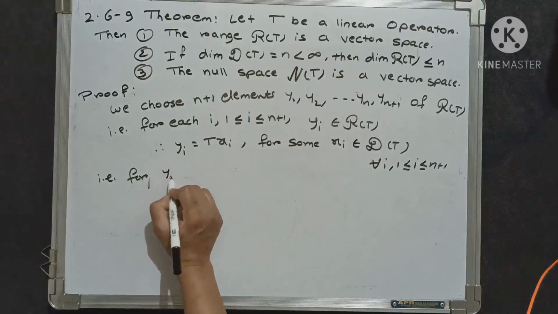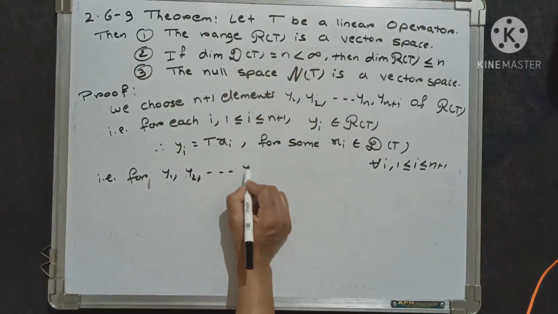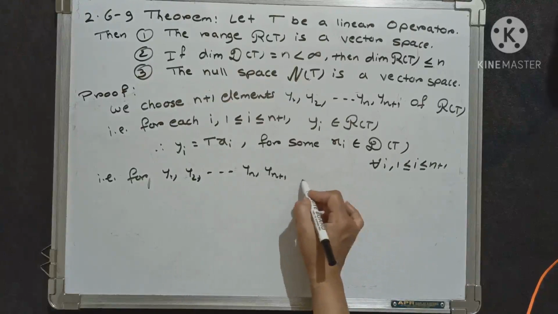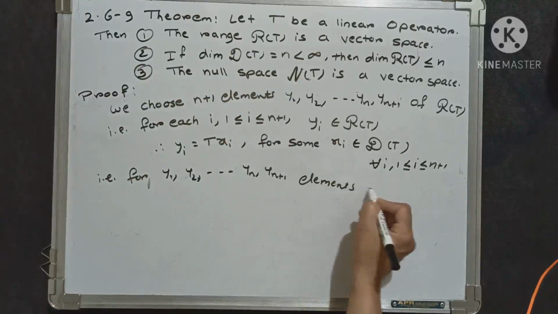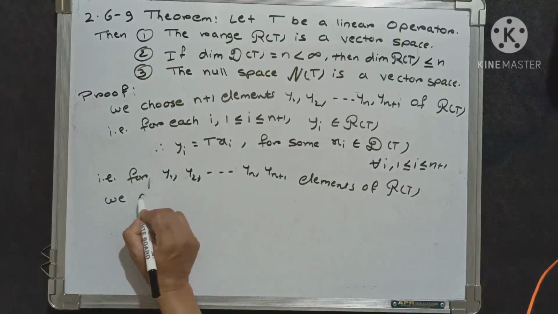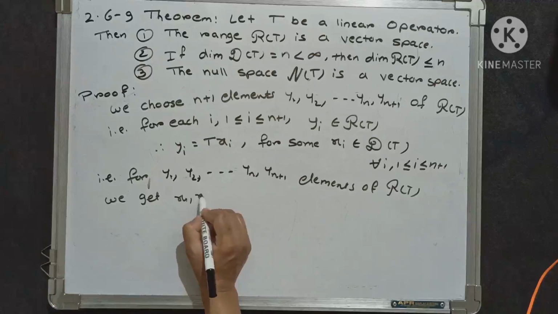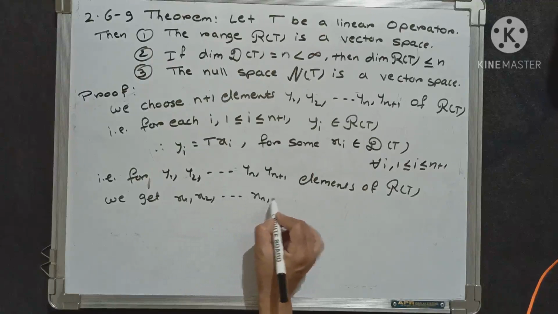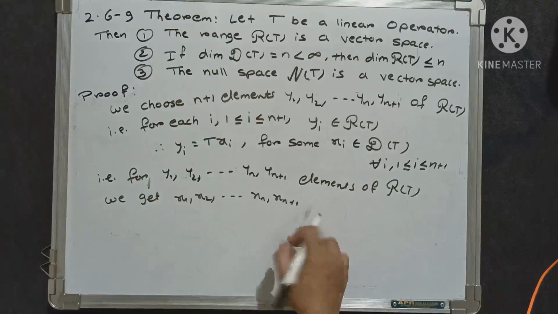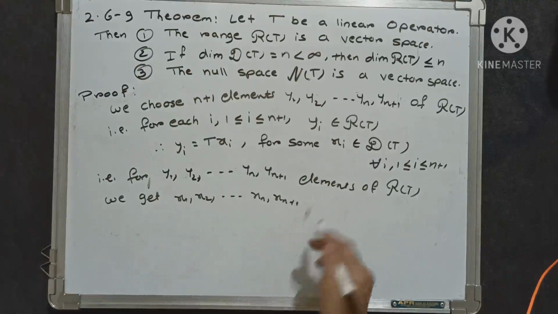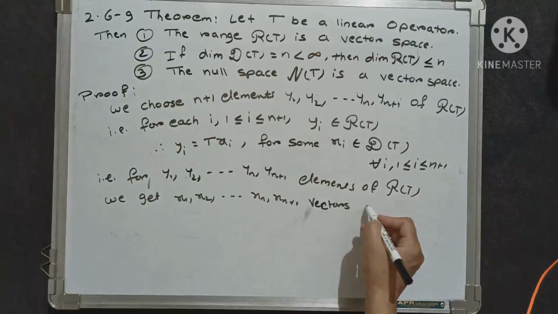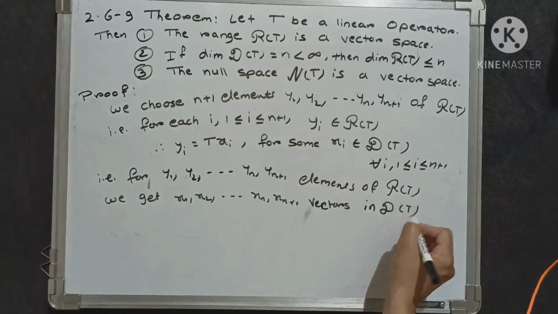Now these are the n plus 1 elements in DT. So for y1, y2, up to yn, yn plus 1 elements of the range set script R of T, we get x1, x2, up to xn, xn plus 1 vectors in the domain script D of T. Here we are writing this because the range is a vector space, as we proved.